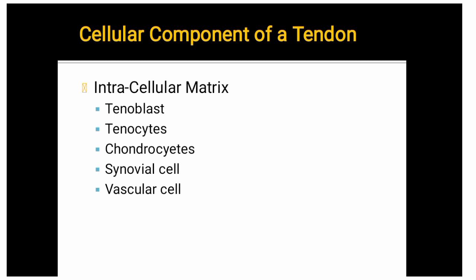Connexin 43 is responsible for the inhibition of collagen synthesis within the tenocytes as a response to mechanical loading. Connexin 32 has a stimulatory role, but all we need to know is that they enable communication between cells within the tendon to help with regeneration and adaptation.